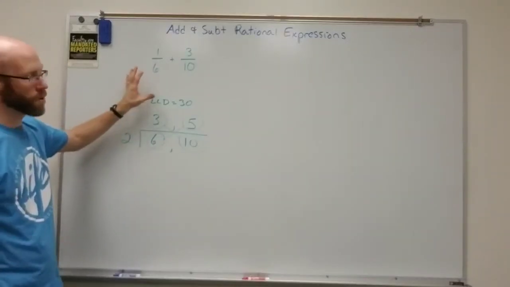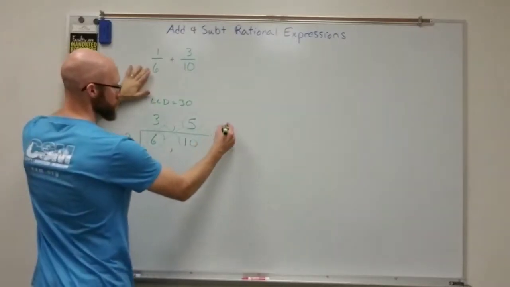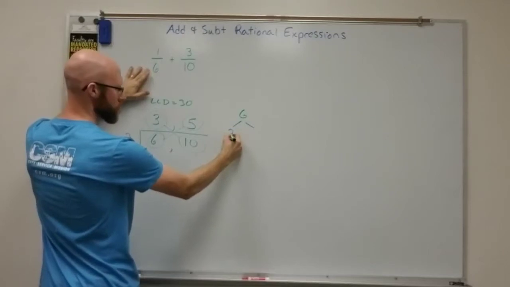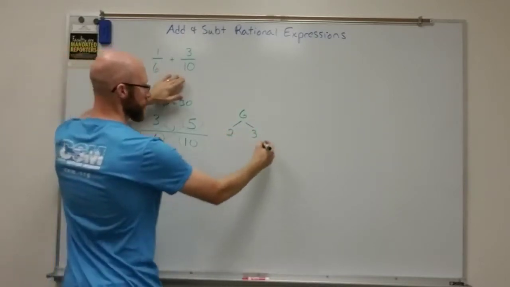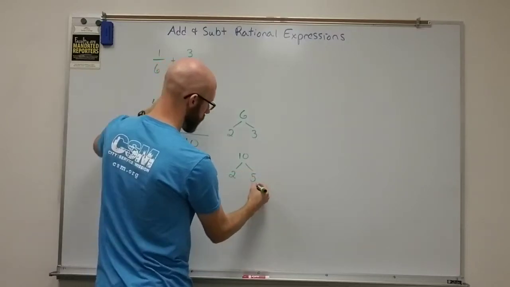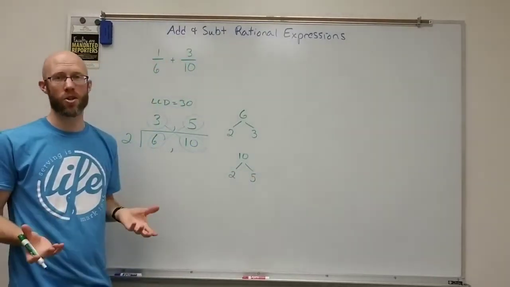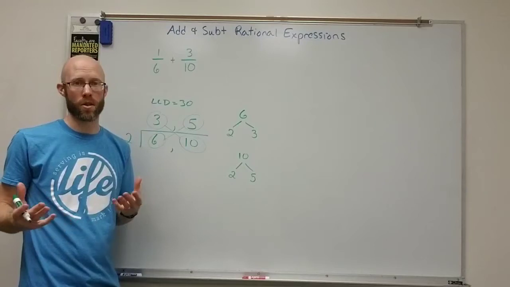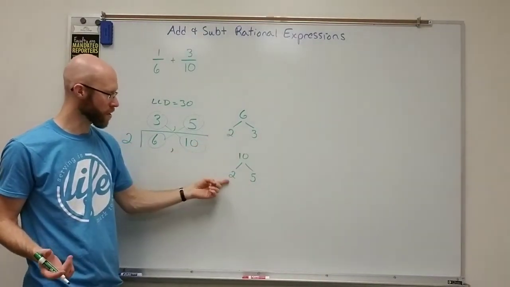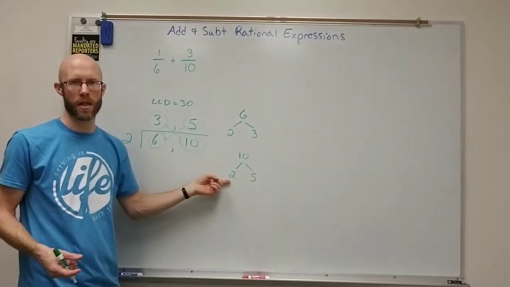Instead, what I would probably suggest here is to take the 6 and break it into its factors, like 2 times 3, and take the 10 and break it into its factors of 2 times 5, and then just make sure that every factor is included. Okay, so I know I've got to have a 2, a 3, and a 5. Here I've got another 2, but I don't need to repeat those.